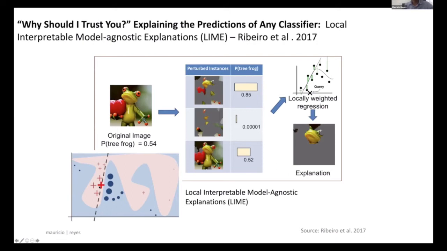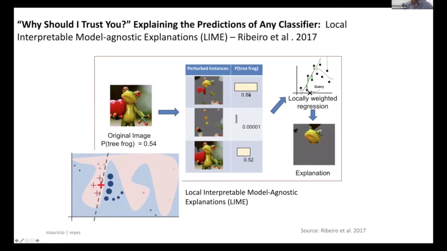What I'm going to start doing is perturbing this image. You can see that here the perturbation is basically masking out parts of the image. Everything that's gray has been masked out in different levels. I can then take each of these perturbations, these 1, 2, 3 images and more, and calculate the probability that this is a tree frog given by the model I want to interpret.